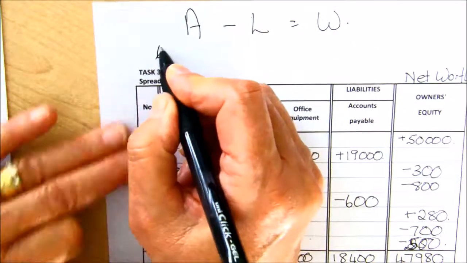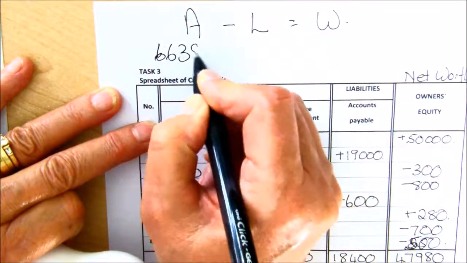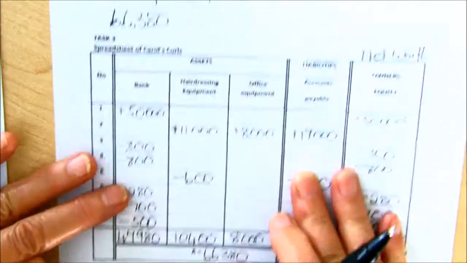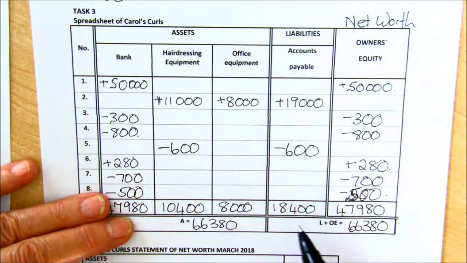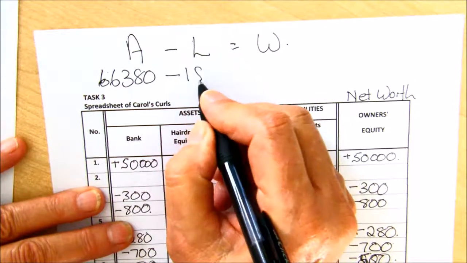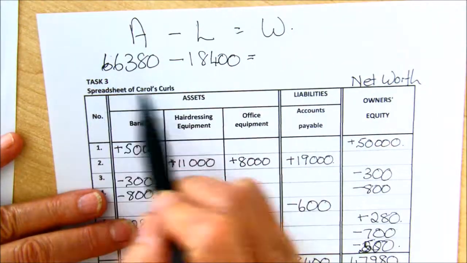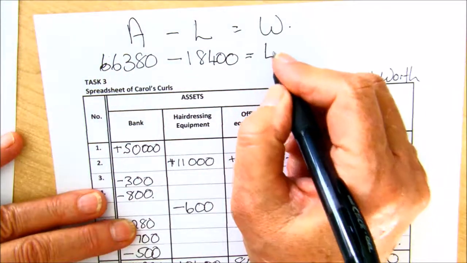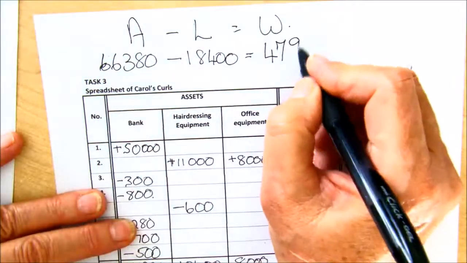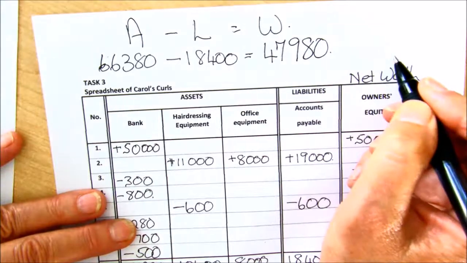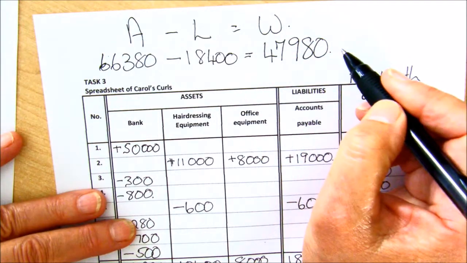Minus your liabilities, you owe 18,400. And that equals, if you subtract those two from each other, 47,980. That's what this business is worth.